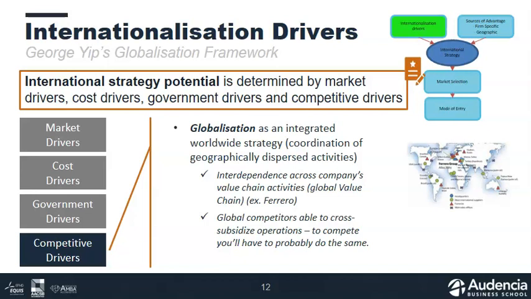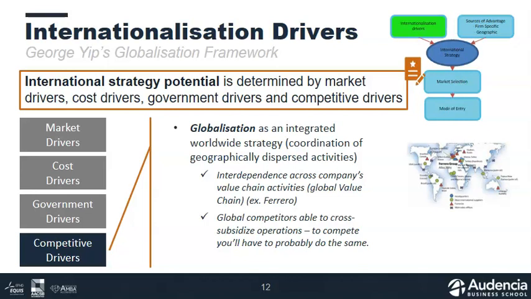I can have sourcing, I can have production of some source products in another country. I can have my sales activity and after-sales services in another country. Basically, a globalized organization says, I produce everywhere and I sell everywhere. It's one big market and one big production space.